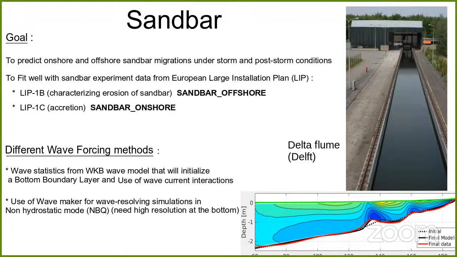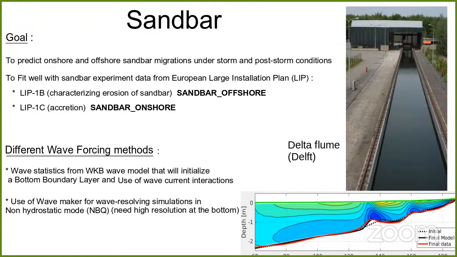So there are two kinds of experiment, for erosion, this is the key you have to activate in the CPP file, but also for accretion.